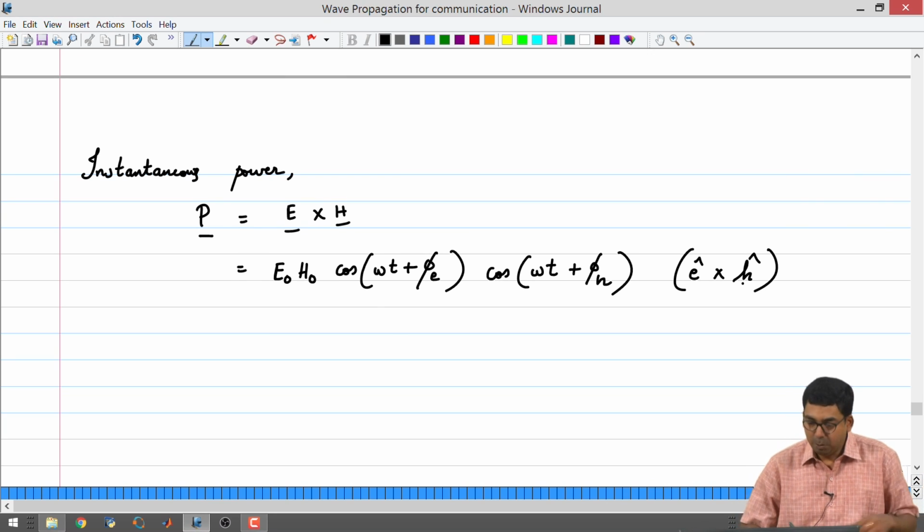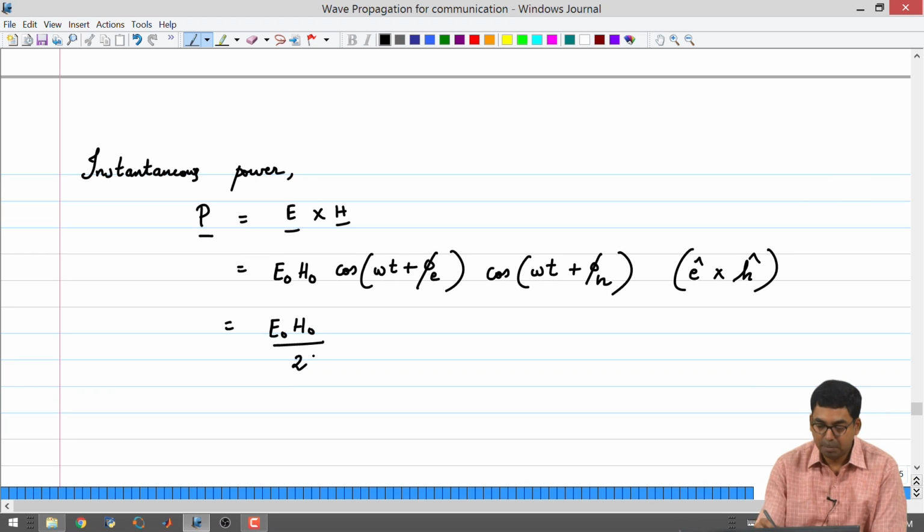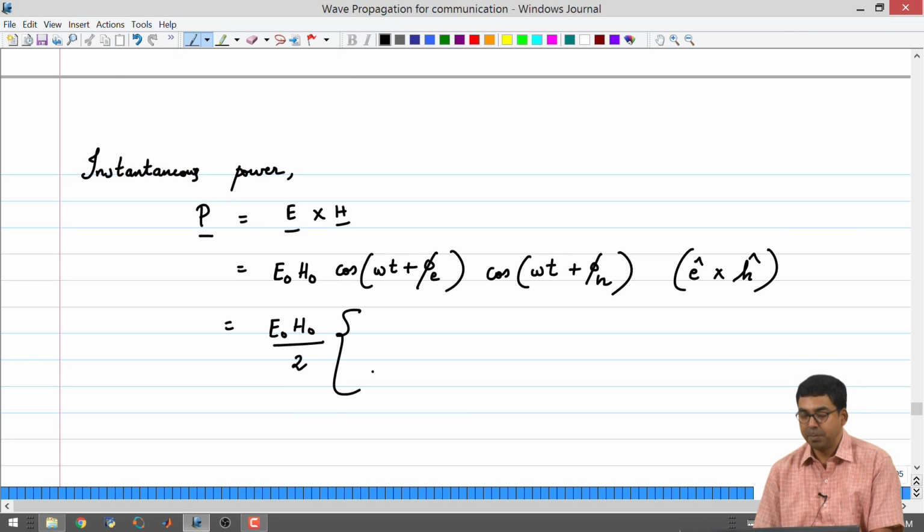Now that we have written an expression which is a product of two cosines, you can always use some trigonometric identity and convert this to a sum of cosines. So, we could write this down as E naught H naught divided by 2 multiplied by, you can take the difference between the two.